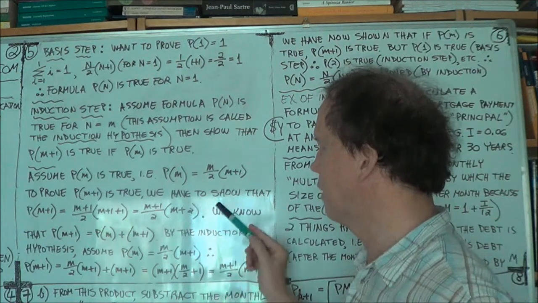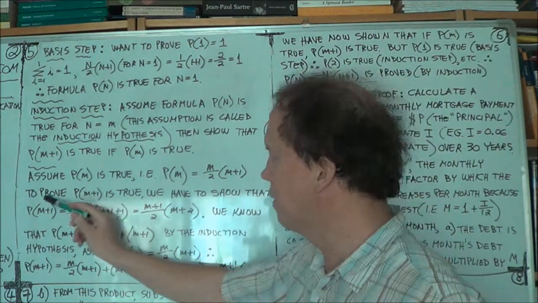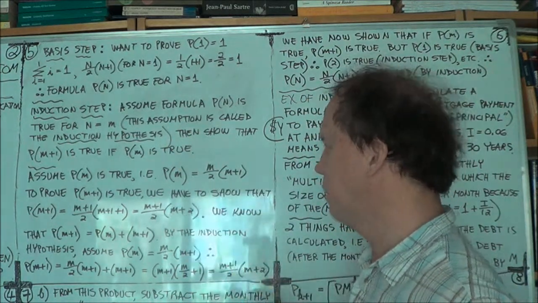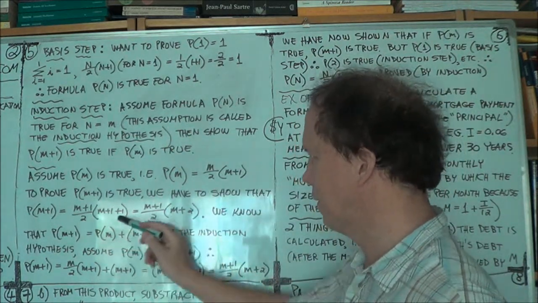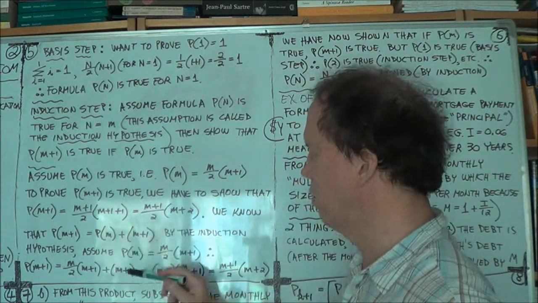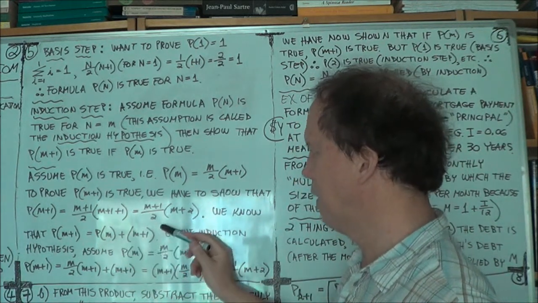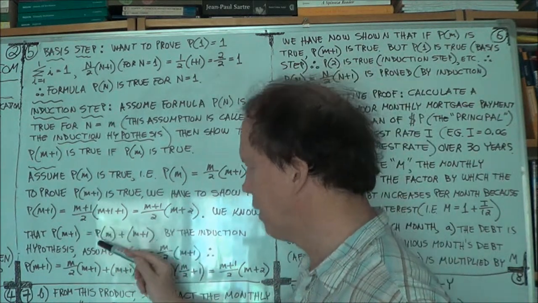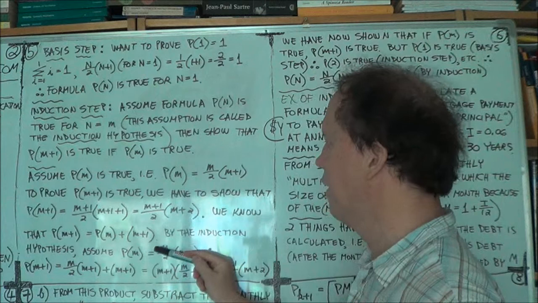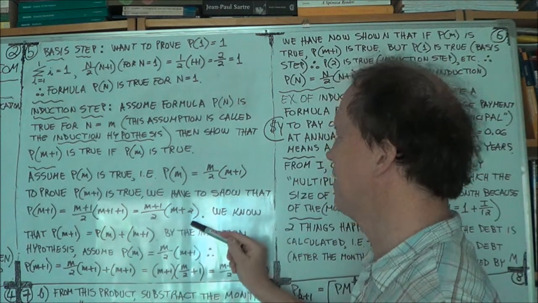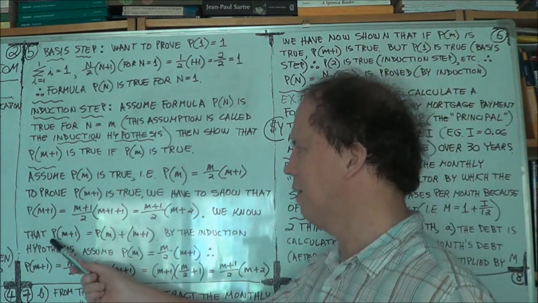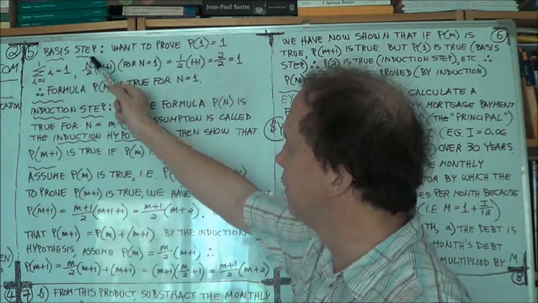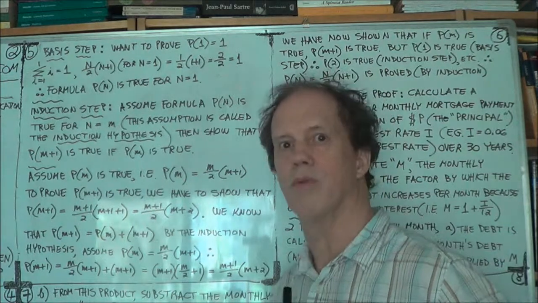So we want to show that this, according to the formula, will be equal to this. Now, if what we get when we calculate this equals this, then the formula, when you put m plus 1 here, should be true.